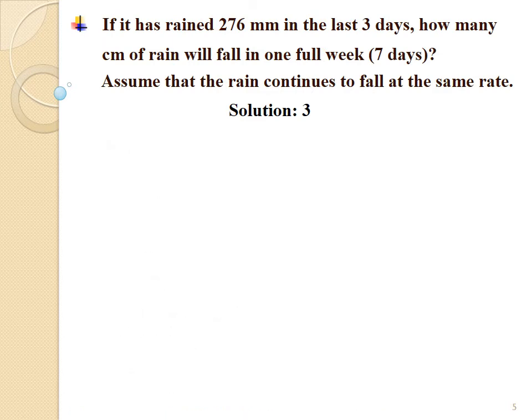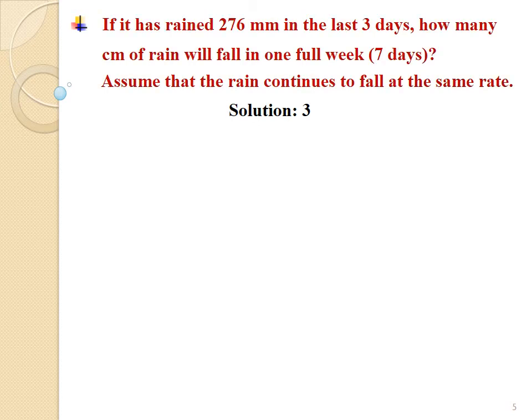Now, sum number 3. If it has rained 276 millimeters in last 3 days, how many centimeters of rain will fall in 1 full week? That is 7 days. Assume that the rain continues to fall at the same rate.